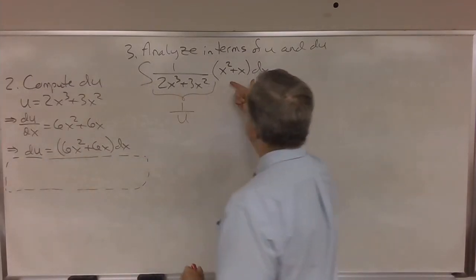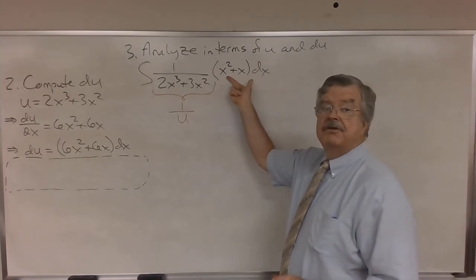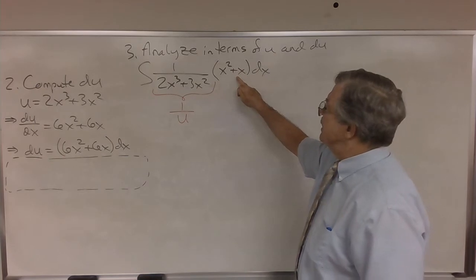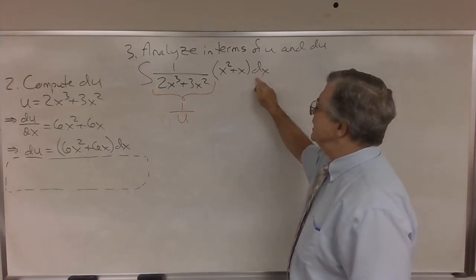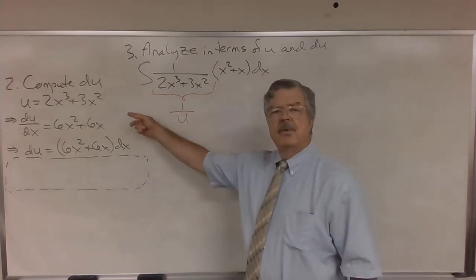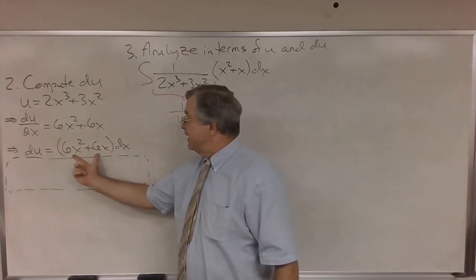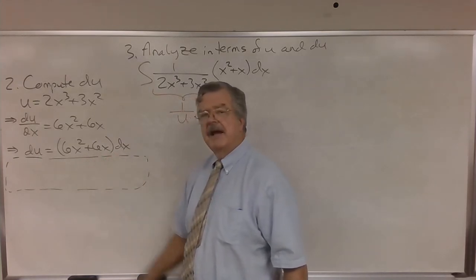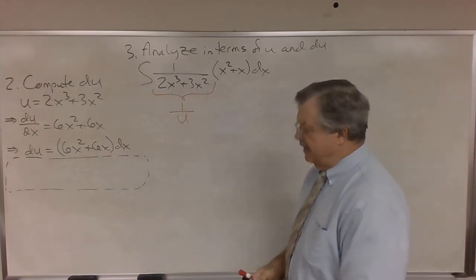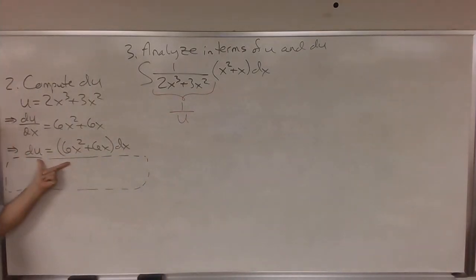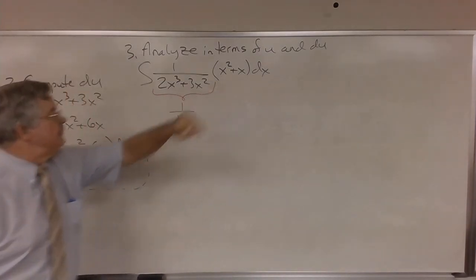Now we try to analyze this part in terms of u or du. And do we see (x squared plus x) times dx anywhere? We don't. But we see something like it. We see (6x squared plus 6x) dx. And so we ask ourselves, what would we have to multiply both sides of this equation by to make the right-hand side look exactly like this?